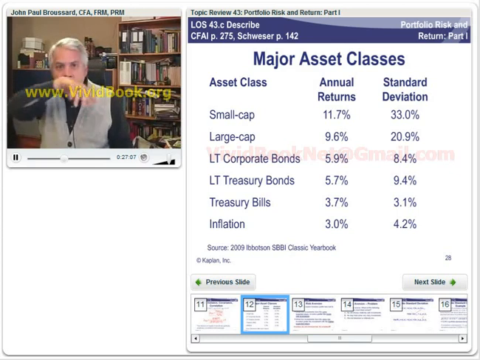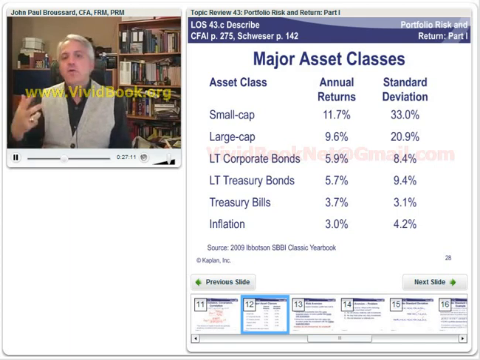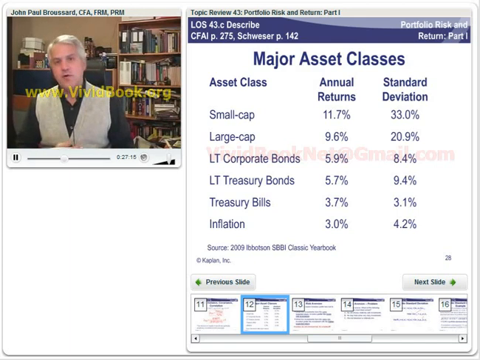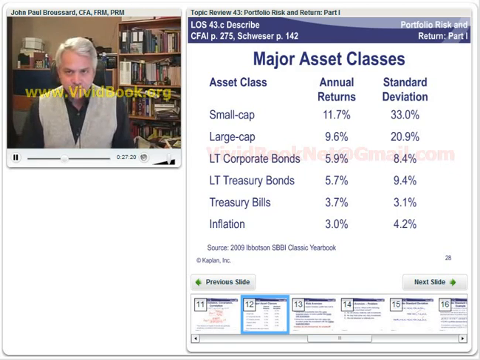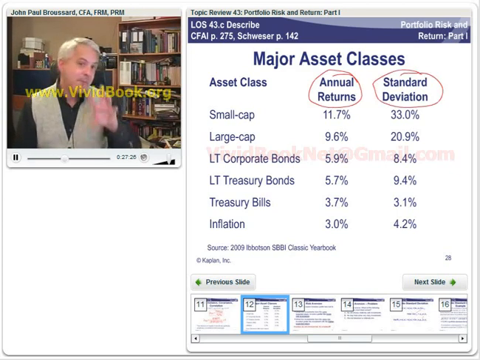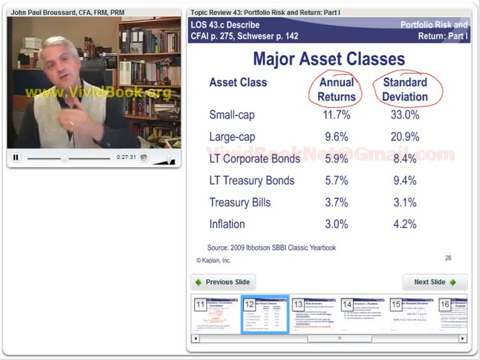Well, we can calculate the two main characteristics of most assets that most investors, from a portfolio perspective, are concerned with, and that is the mean and the standard deviation. In general terms, we would call the returns the good stuff, and the standard deviation the bad stuff. Essentially, the returns are the rewards, and the standard deviation is the risk.